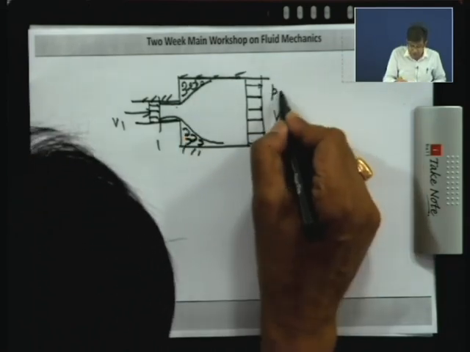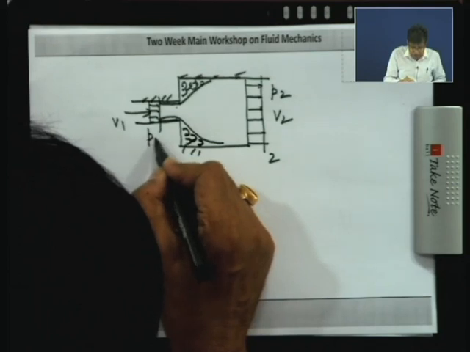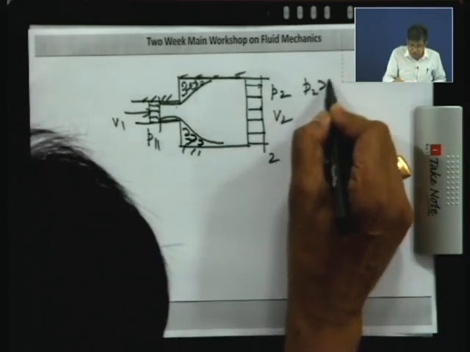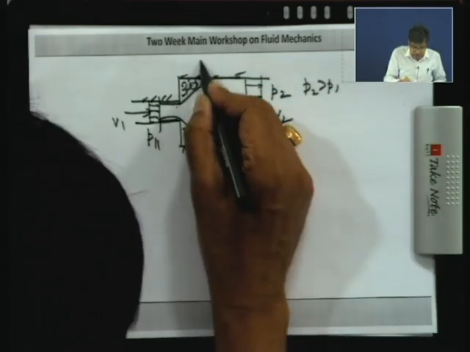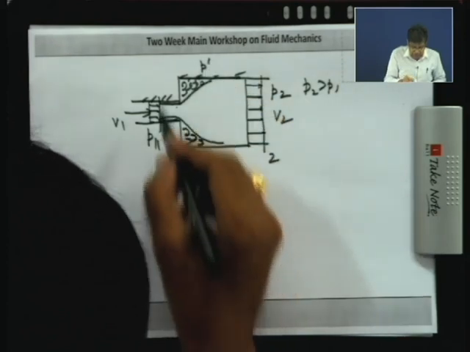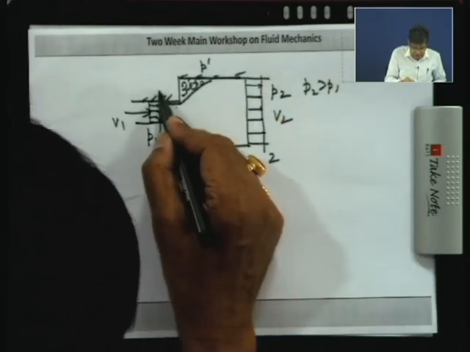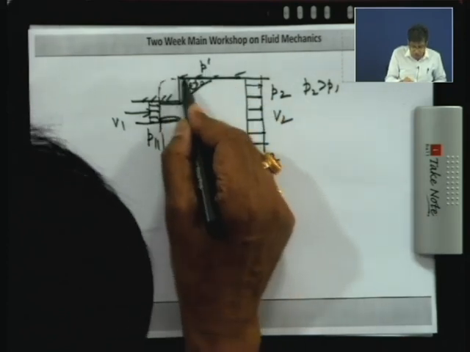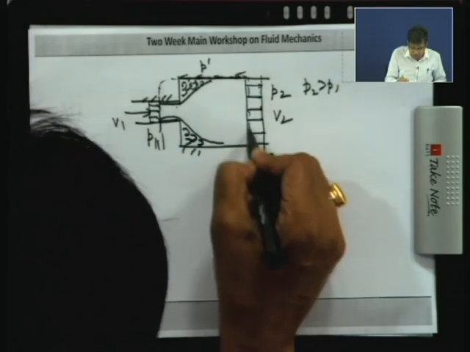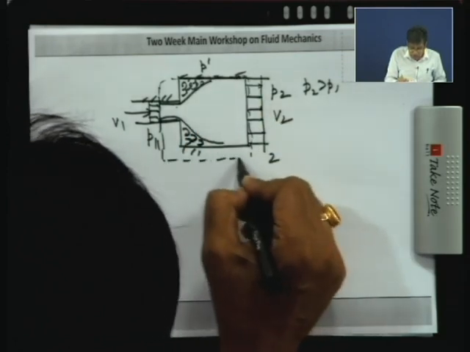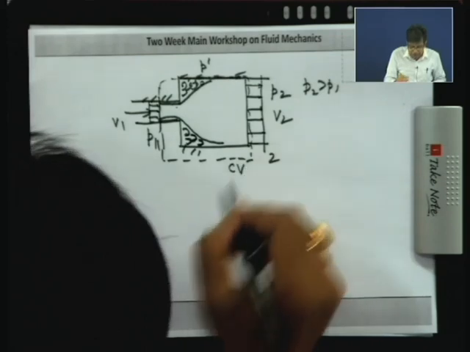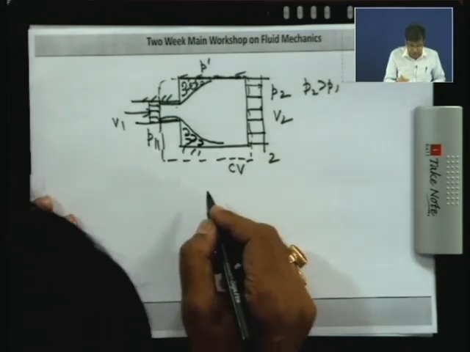If this pressure is P2 and this pressure is P1, P2 is greater than P1, then this pressure we denote by P dash. Now let us take a control volume like this and apply our linear momentum conservation equation.